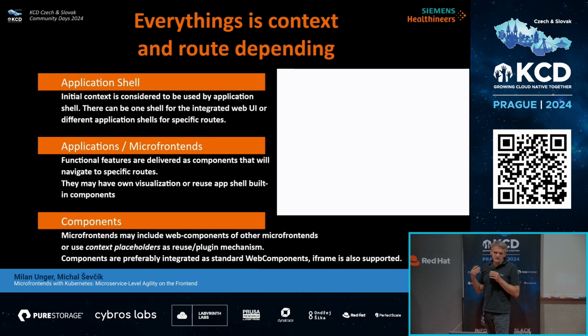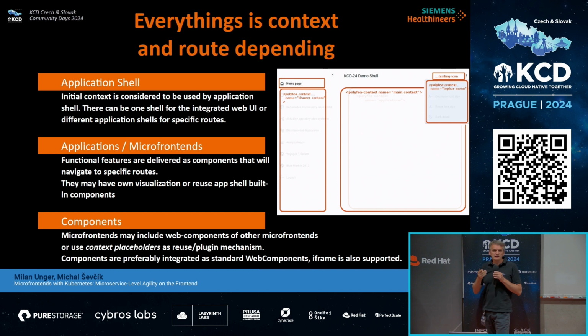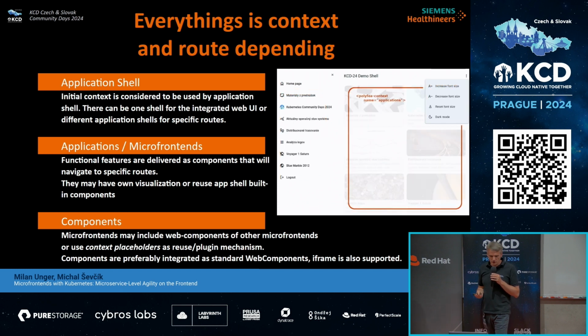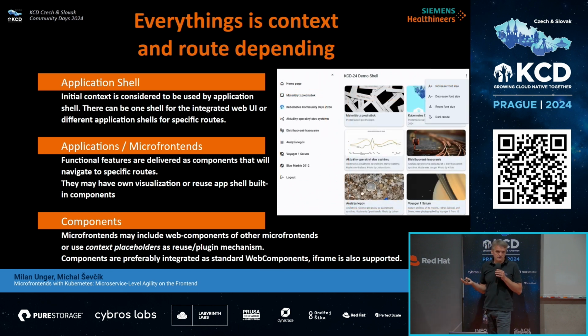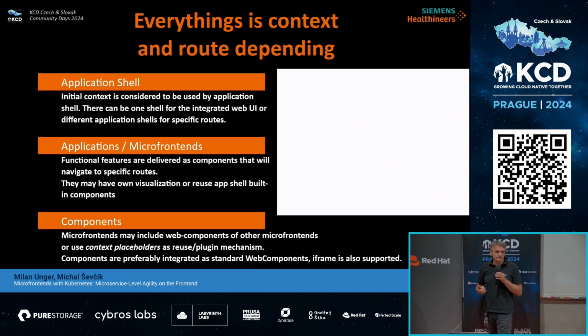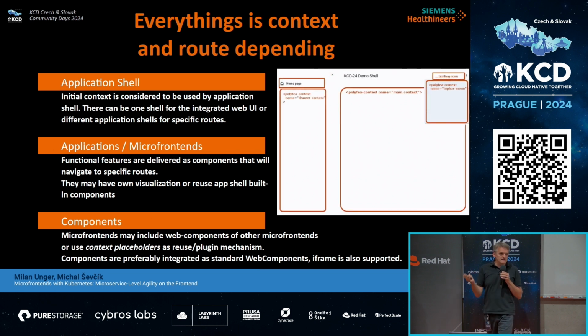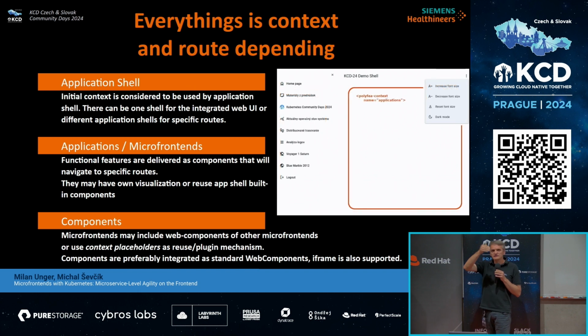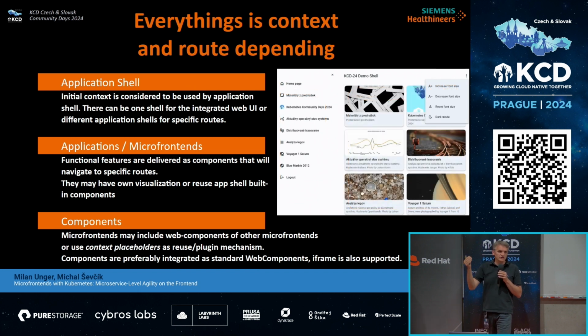The next thing, when you build a system, what you need to know from the architectural or conceptual point of view is just the concept of the context and the concept of the routes. Each time you would like to define the micro features, you basically need just to define the context. Initially, you will start with a blank screen. In this blank screen, there is the initial context, which is the shell.